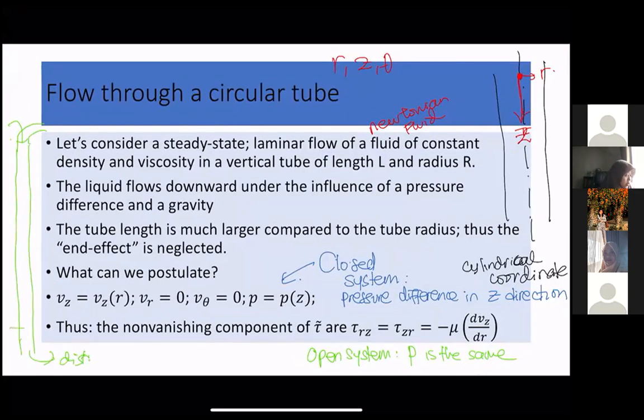We only consider the part where the length is L. So the end effect is neglected. That means sometimes there would be a disturbance at the bottom and also a disturbance at the initial end.